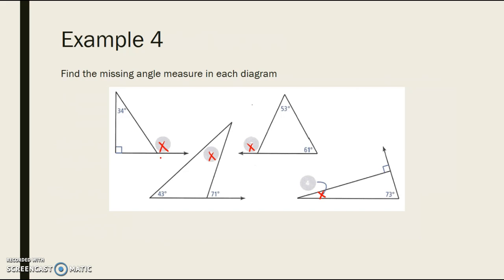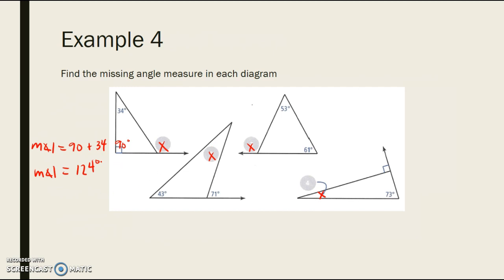So when we're working here with the measure of angle 1, it's an exterior angle, so I know that my measure of angle 1 is going to be equal to, I have a square, which means that this is 90 degrees, so 90 plus 34. And so then I'm going to take 90 plus 34, and I'm going to get 124 degrees.